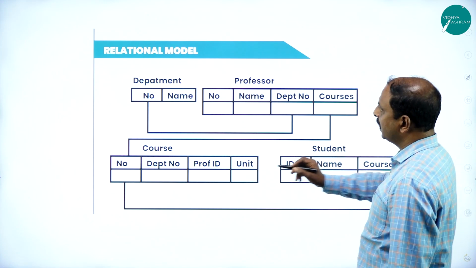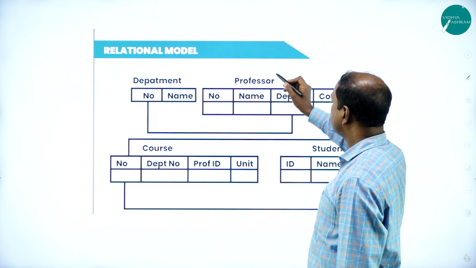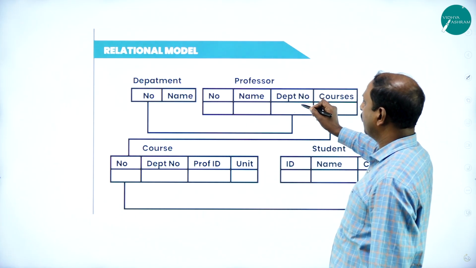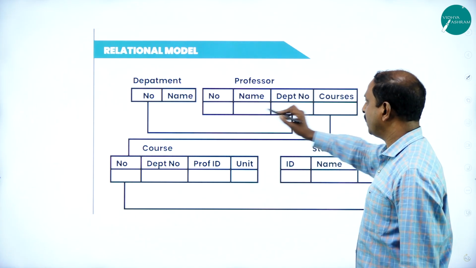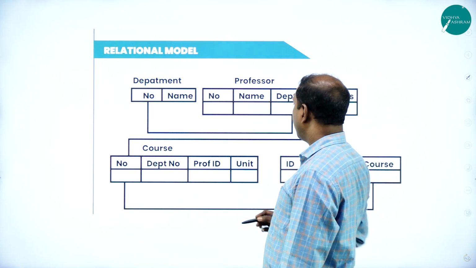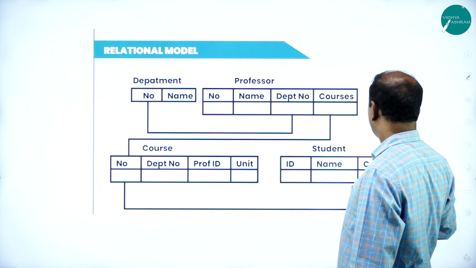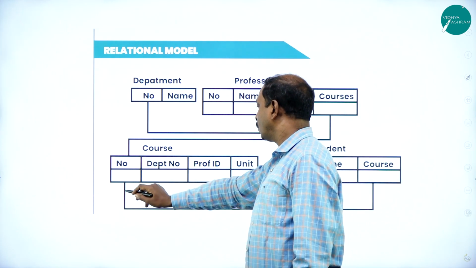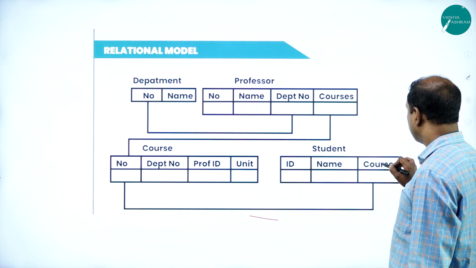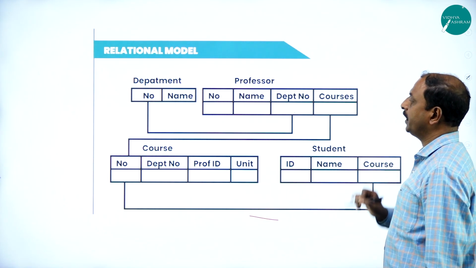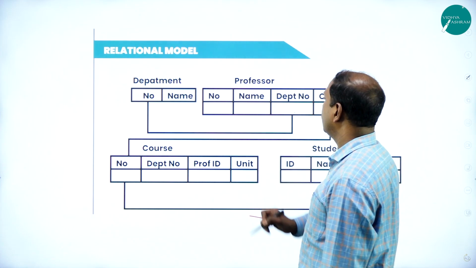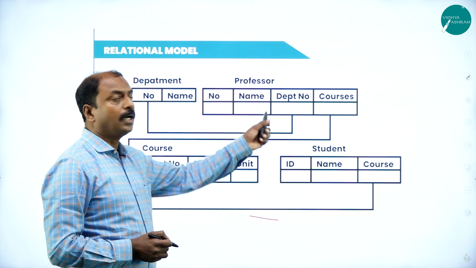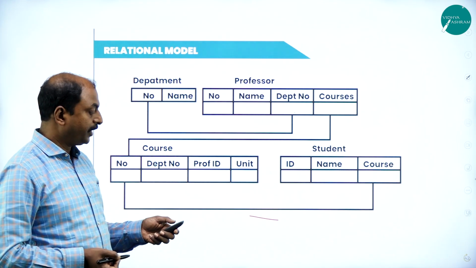If you observe this, say department number and a professor, his comes on department number. So here department number, these two are a common attribute, and we are connecting these two tables with department number here. And here if you look at this student course, this comes under course table. In this relation, the course number is going to match with this course of a student. So this is how the link between the different tables through a common attribute. So this is relational model.